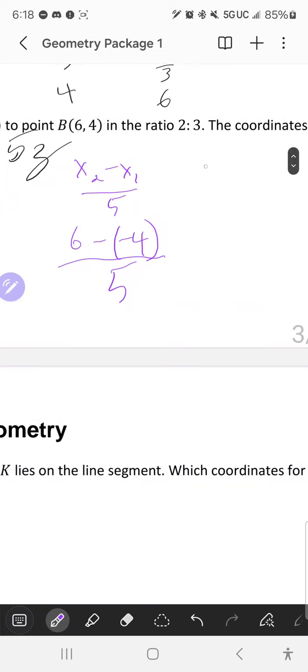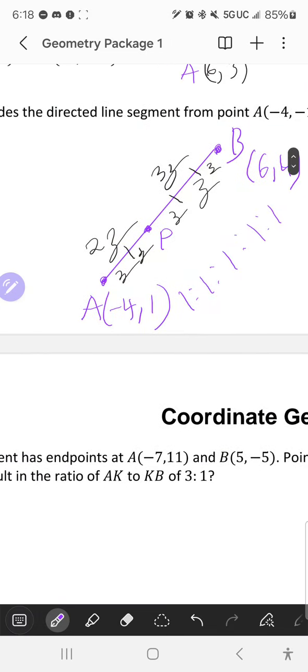So this is the same as saying 6 plus 4 over 5, which is equal to 10 over 5, which is equal to 2. So I know that the coordinate from this point is going to be negative 4 plus 2, which is negative 2, comma something. This is going to be 0, comma something, 2, comma something, 4, comma something, and 6, comma 4, which we already have.